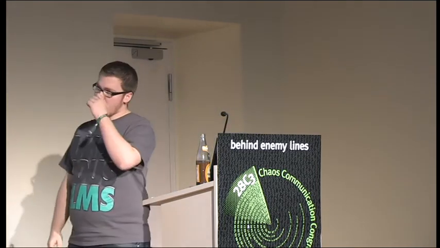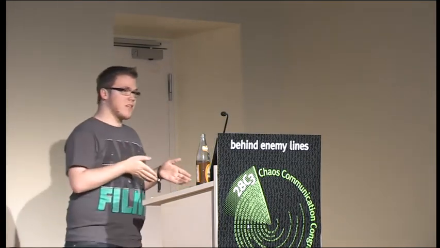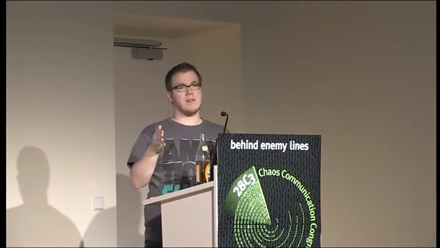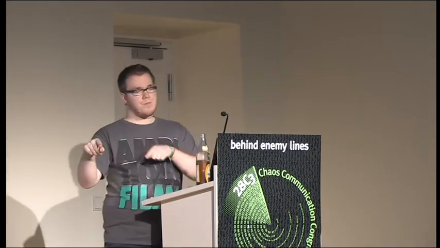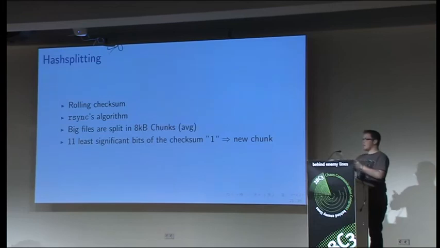We use this algorithm. A rolling checksum is an algorithm that iterates over a file with a window and calculates some hash sum based on a window. And this hash sum is again only dependent on the content, not on some fixed size window or anything.